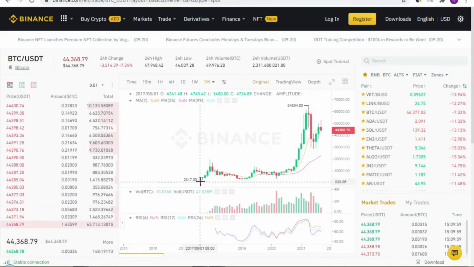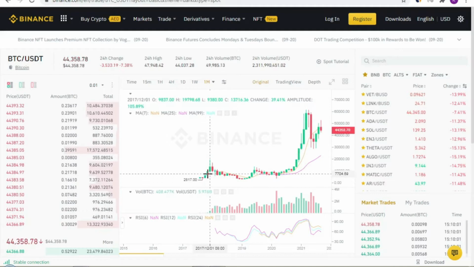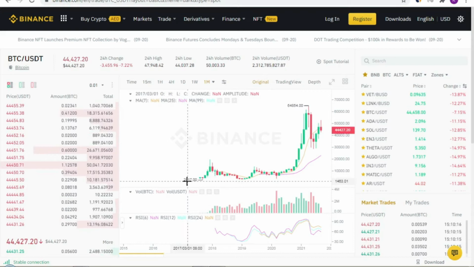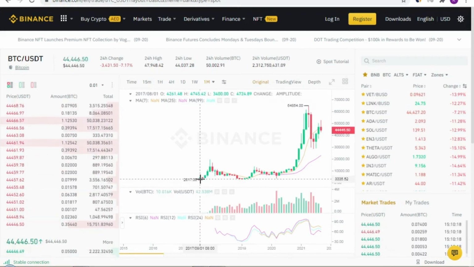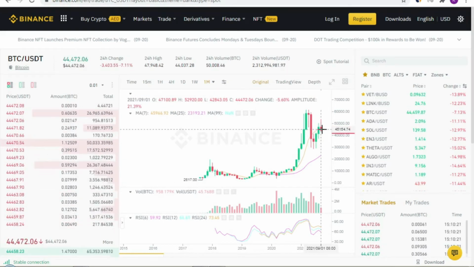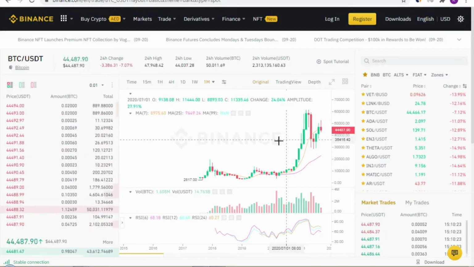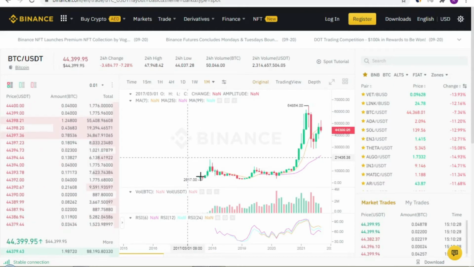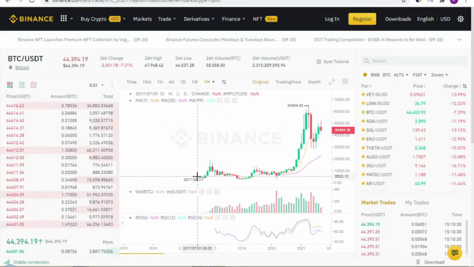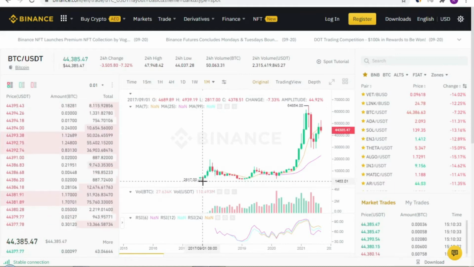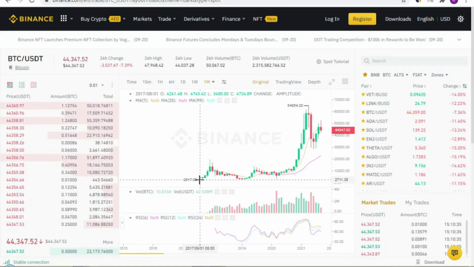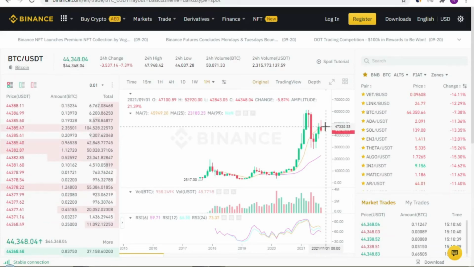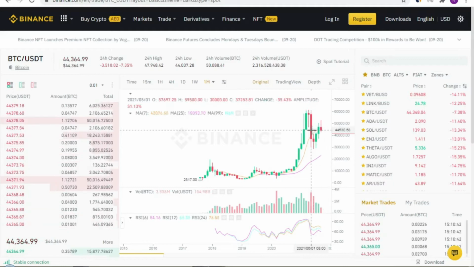So if you count from here, 1 2 3 4, all of them, you will notice that from the time it was here to here is the length of time that Bitcoin has been active on Binance. So Bitcoin was listed on this exchange here. That's how you know this. It was listed on this exchange here, and we are here now.